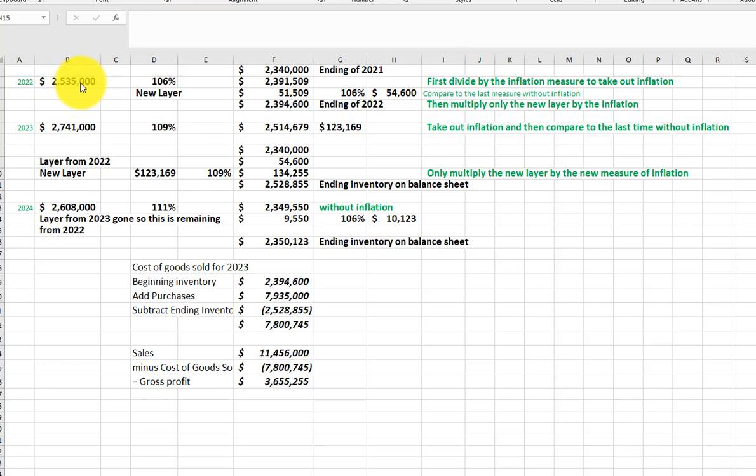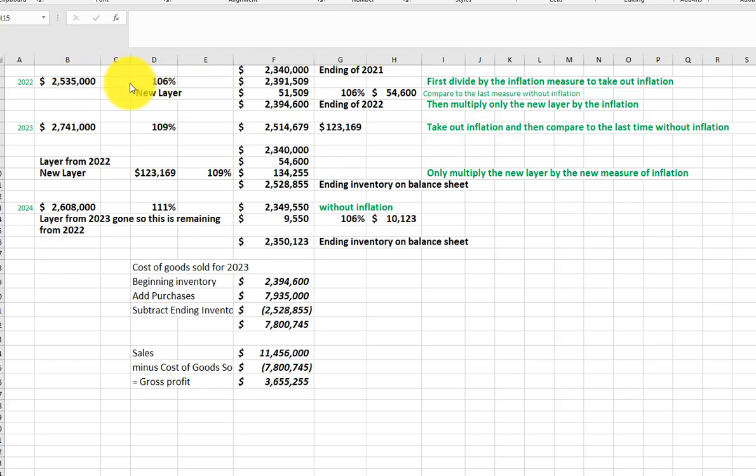But some of the fact that that's more than what we had at the end of 2021 is due to inflation, not because we actually have more products, but just because the prices of everything have gone up. So what we do is we take out of that the inflation.